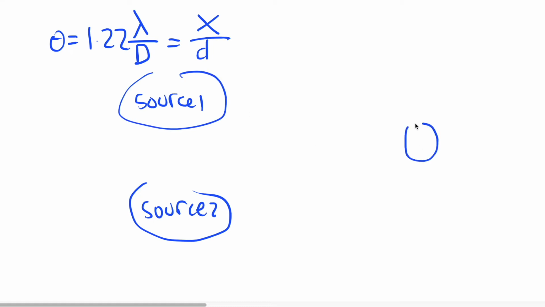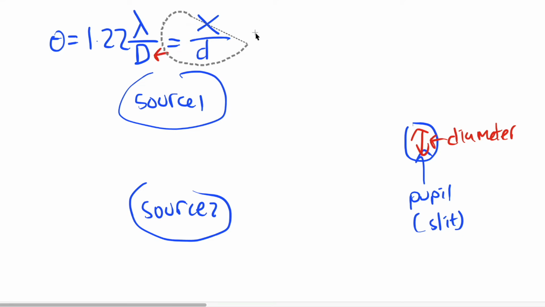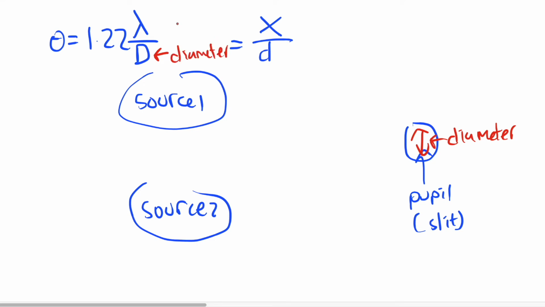And this is our pupil, which is the slit, and this is the diameter of this aperture. So D here represents the diameter, and this here represents the wavelength.